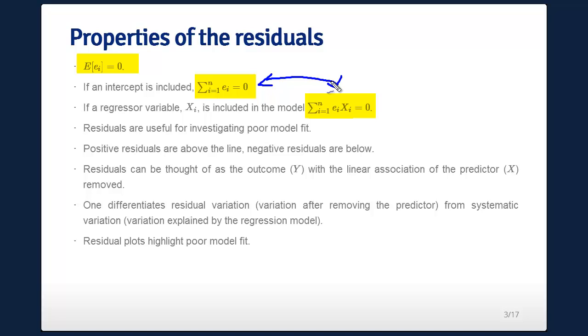Okay. So residuals are useful for a lot of things. They're good at investigating poor model fit. They factor into, or exactly yield, our variance estimate. And so residuals are very important things. Positive residuals are above the line, negative residuals are below.